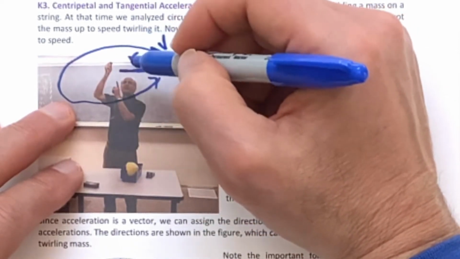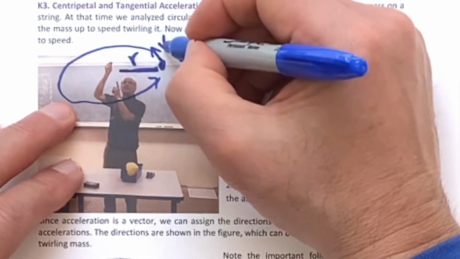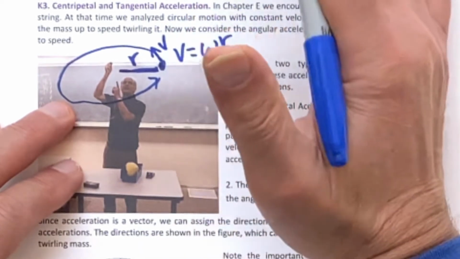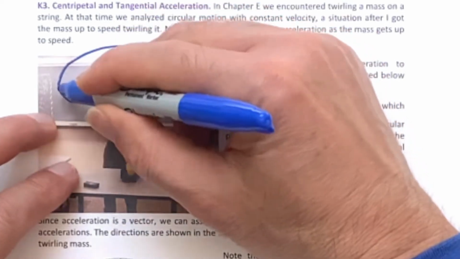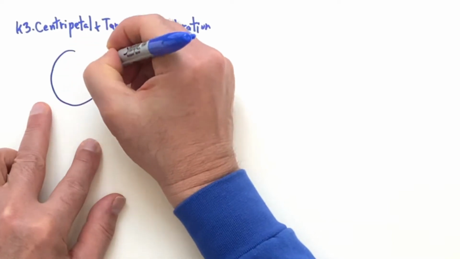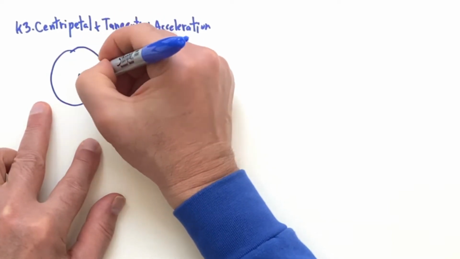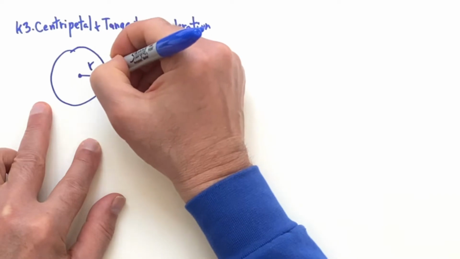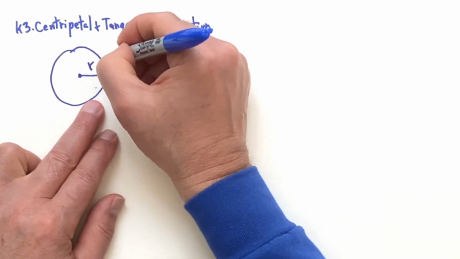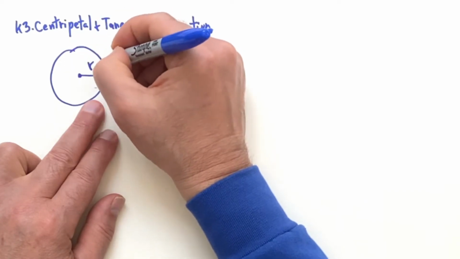And then once I got it at the speed I wanted, the velocity v, the speed is constant, but the direction changes. So since the motion, looking from the top, is changing its direction, it's circular.